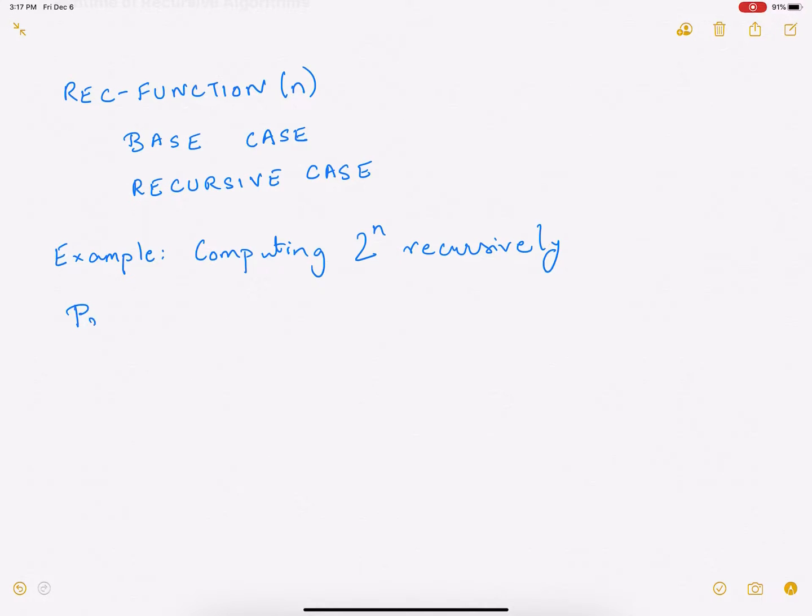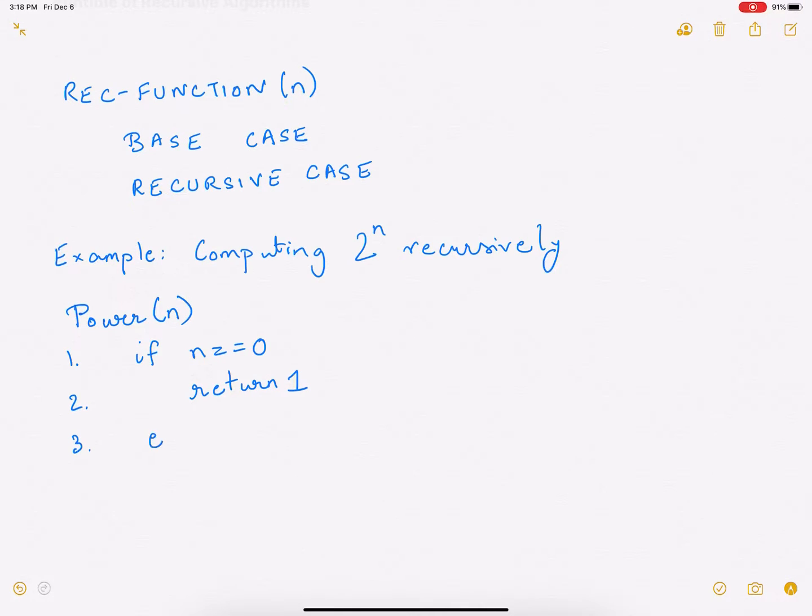To compute 2 to the power of n, we'll call this algorithm power of n. Now, we'll first talk about the base case. That is where the algorithm would stop. It would stop if n equals 0. So that's the base case. If n equals 0, we know that the algorithm should return 1, because 2 to the power of 0 is 1.